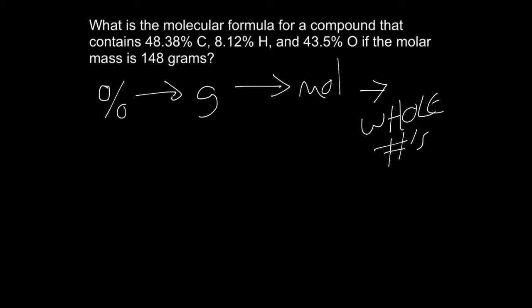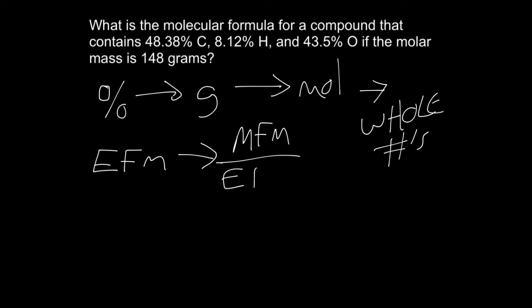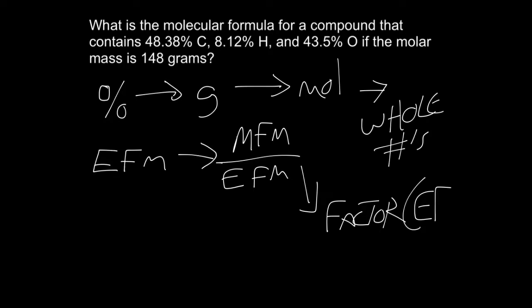Once you know the empirical formula, you want to get the empirical formula mass from the periodic table, and then from there you'll take the molecular formula or molar mass, divide it by the empirical formula mass, and then use that factor, whatever it is, and multiply it times the empirical formula. And that would give you the molecular formula. So it's that series of steps.